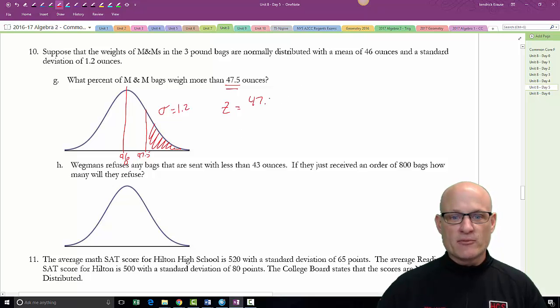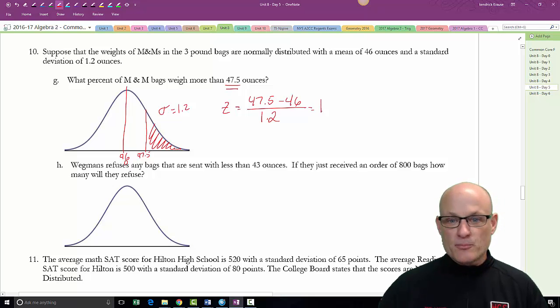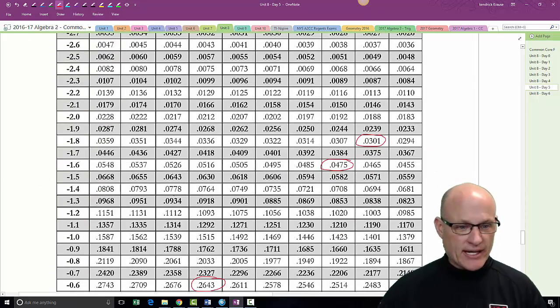So 47.5, we're going to subtract off 46 and divide by 1.2. If I do that math in my calculator, I get 1.25 standard deviations. So this weight of 47.5 is 1.25 standard deviations. We're only going to look at the negative.